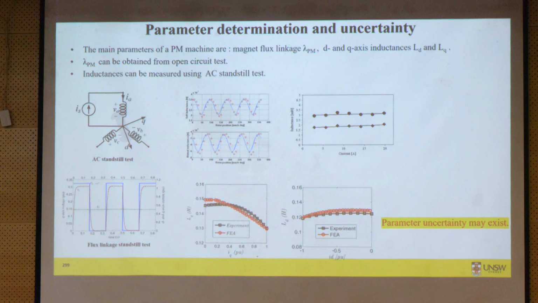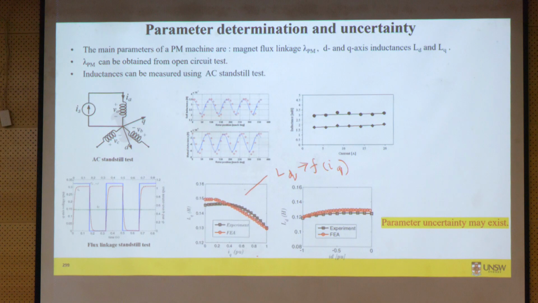In your model, instead of using a constant LQ, you can find LQ as a function of current from these measurements, and then use that in your control estimation while estimating those flux linkages, etc. So that's the easiest way to do it.